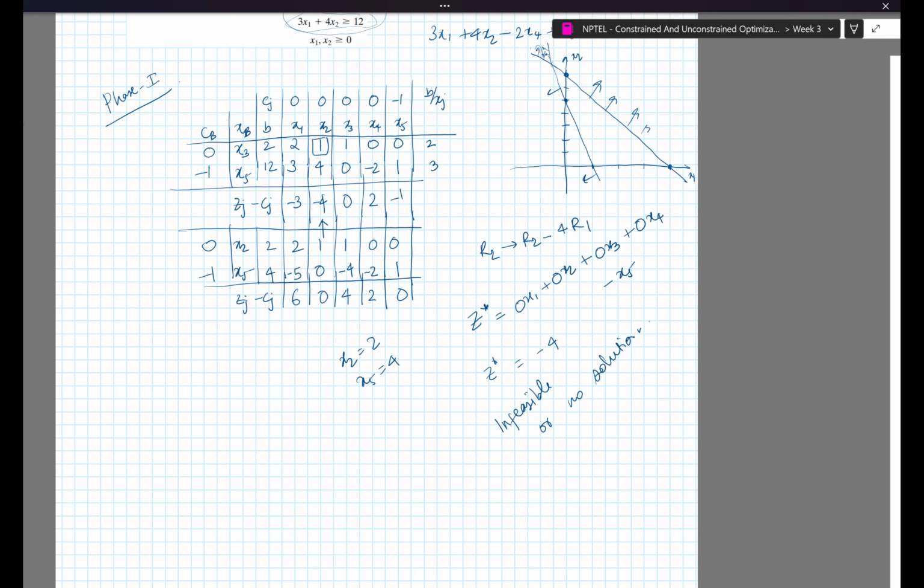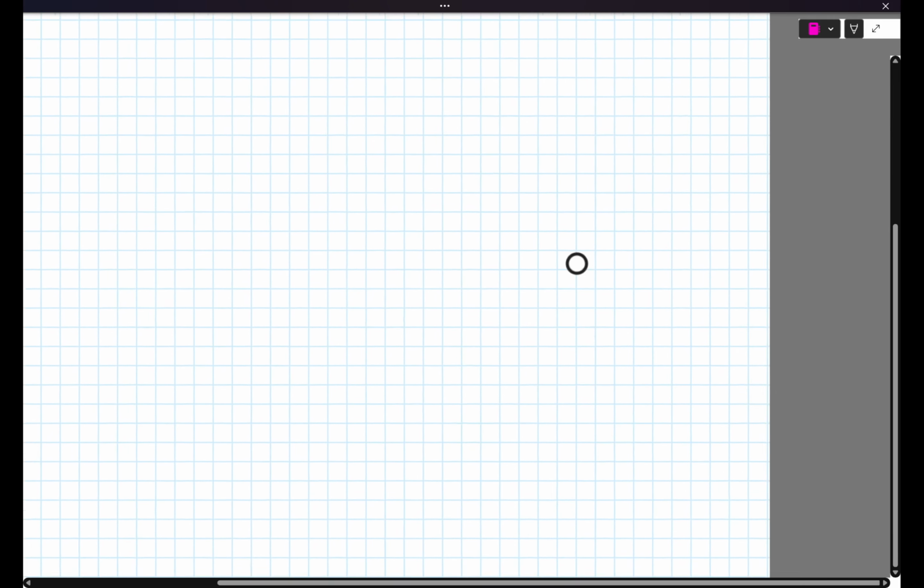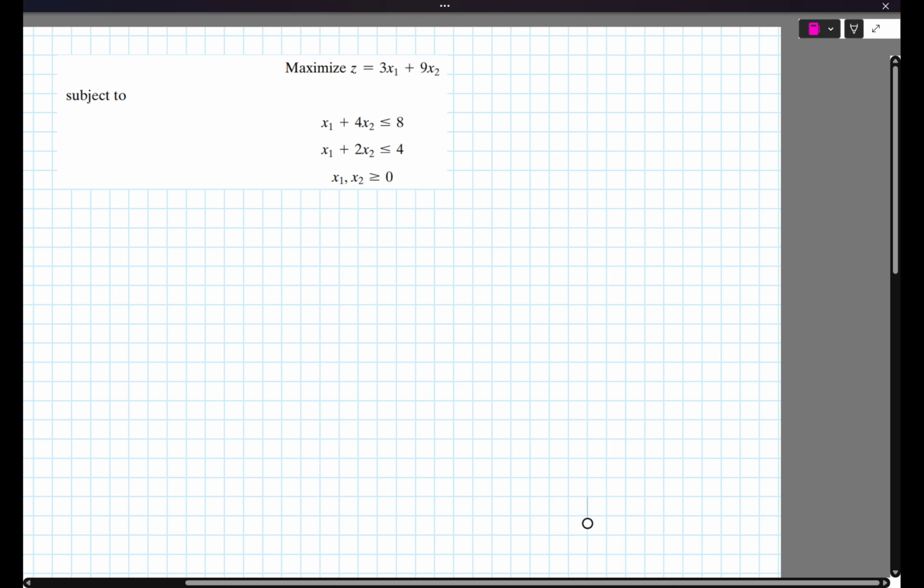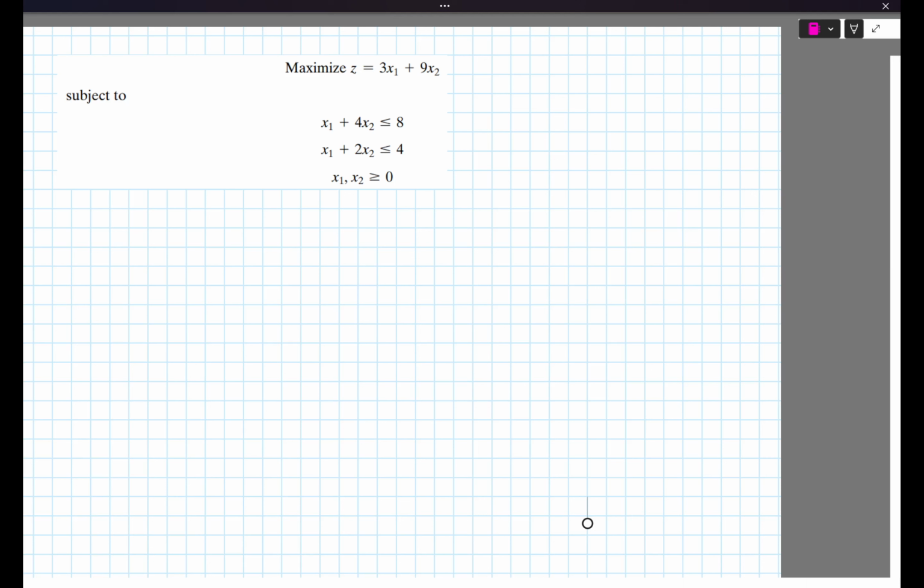Let's look at the next problem. Okay, so x1 plus 4 x2 plus x3 equal to 8, x1 plus 2 x2 plus x4 equal to 4.